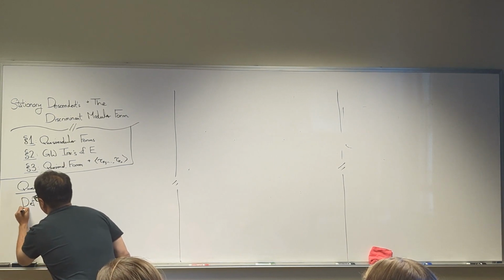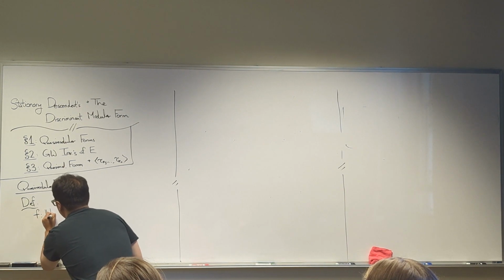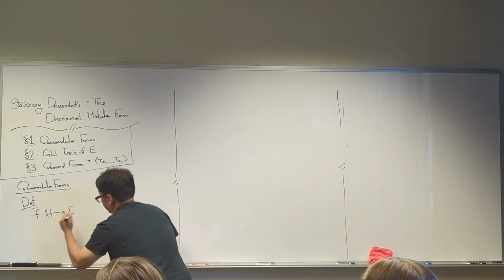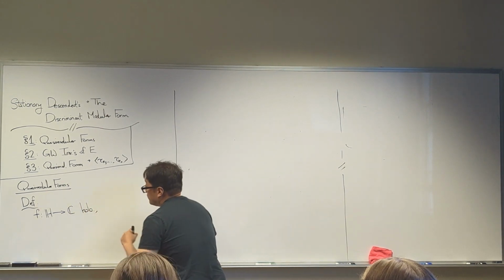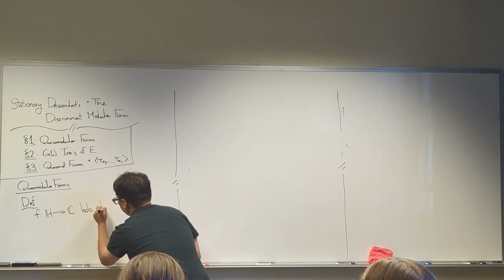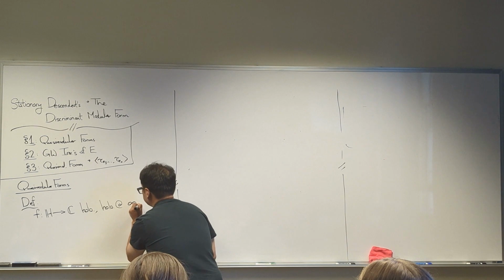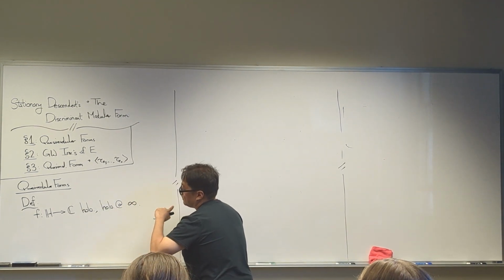So let's say I have a function from the upper half plane to the complex numbers. And let's say this function is holomorphic, and it's also holomorphic at the point at infinity. Then we'll say that this function is a modular form.